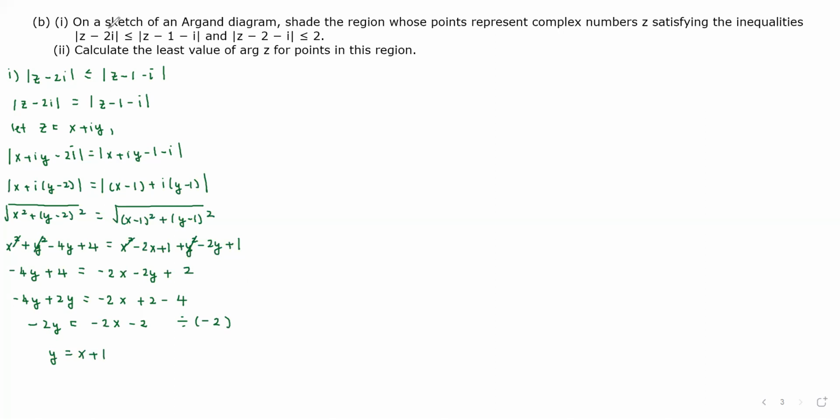Then the perpendicular bisector of 2i and 1 plus i has the equation y equals x plus 1. On the Argand diagram, the horizontal axis represents the real part of the complex number, and the vertical axis represents the imaginary part of the complex number.